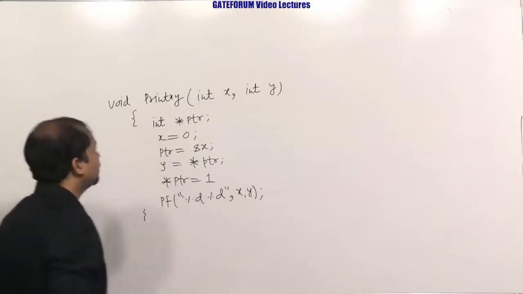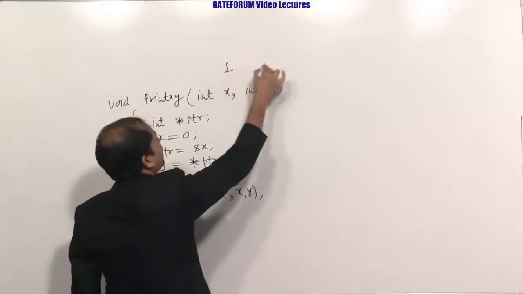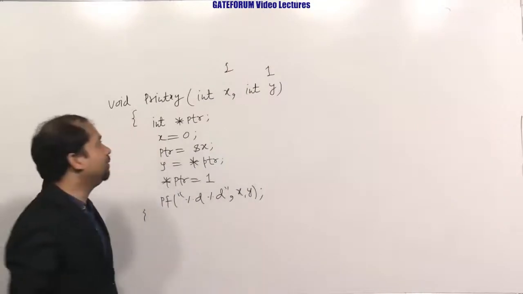This is the requirement. So if you pass 1 1, it asks what will be the output if we invoke 1 1.